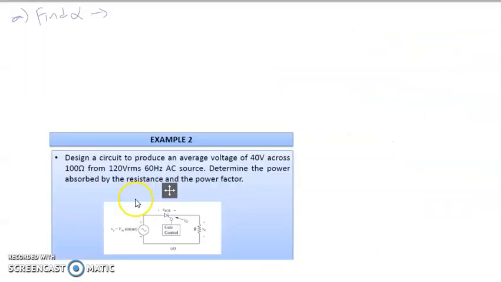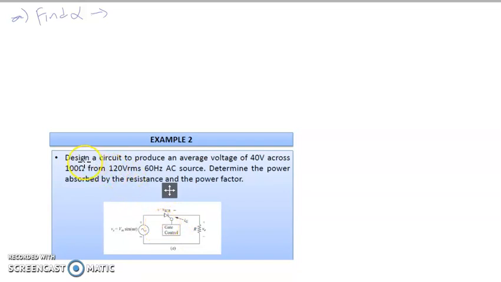example number 2. Okay, now we are discussing the example of circuit with a semi-control device. Means that the formula is not the same as the uncontrolled device using diode just now. We are using now the SCR, silicon control rectifier.